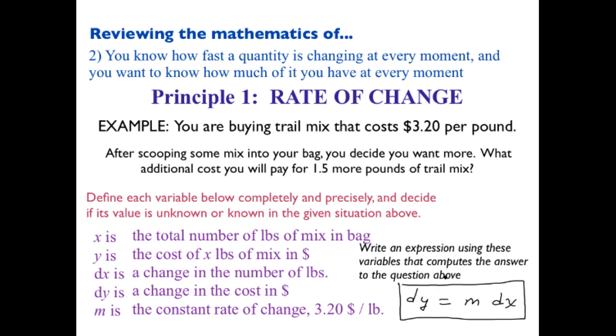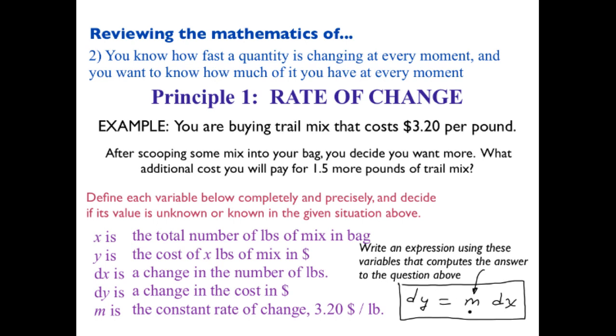So this formula right here is the way we want to understand the value of that constant rate of change of 3.2. We say that given any change in pounds, so if you put 2 more pounds in your bag, how would you calculate the corresponding change in cost?